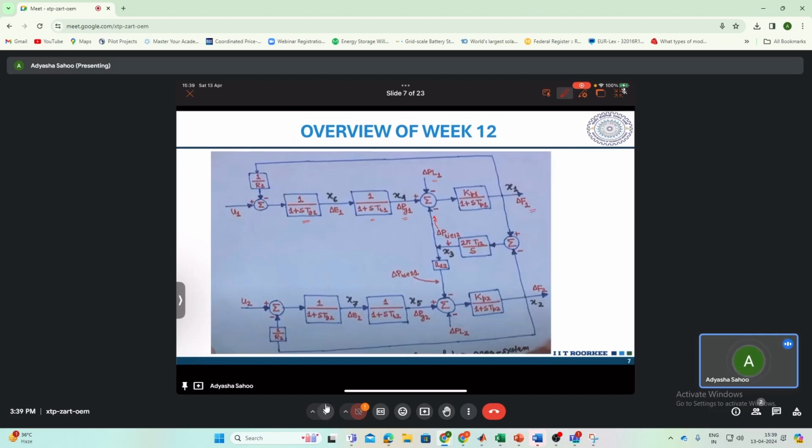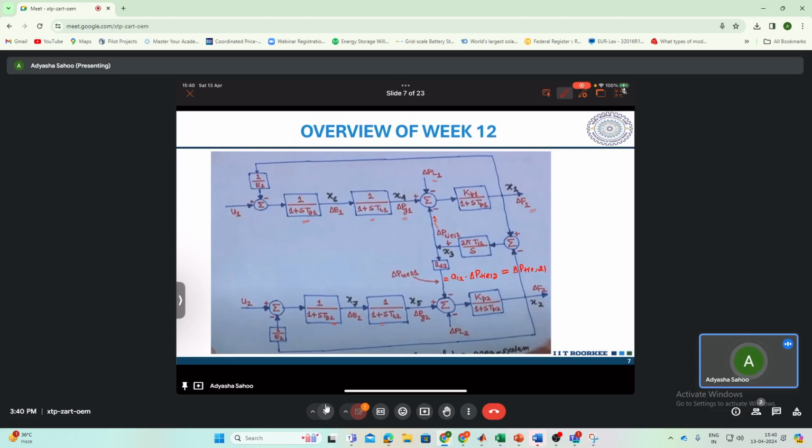Similarly, for the second one, it is the same: governor turbine, and delta Pg2 is here minus delta PL2. So minus P tie, basically a12 into delta P tie 12, which is the same as delta P tie 21.